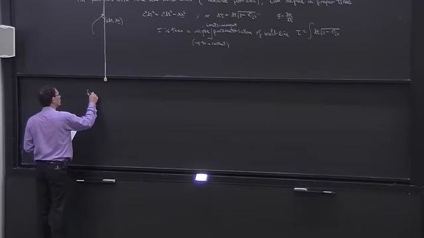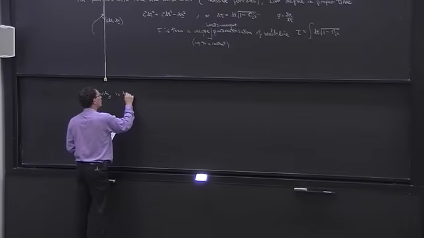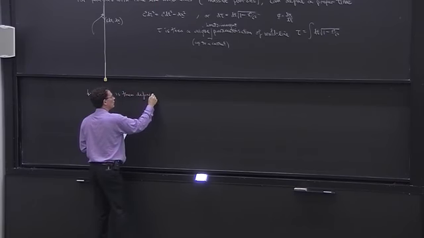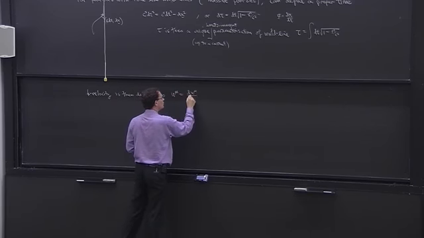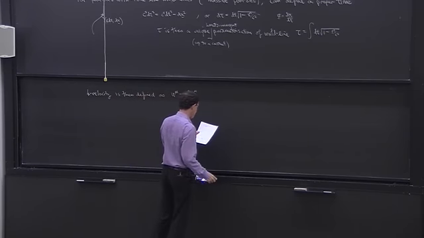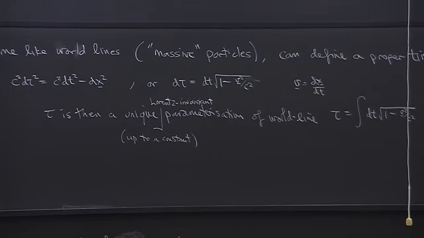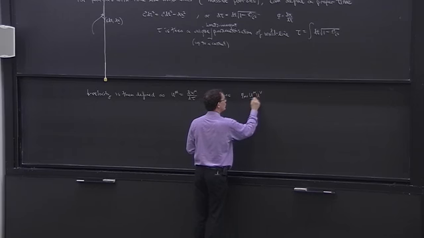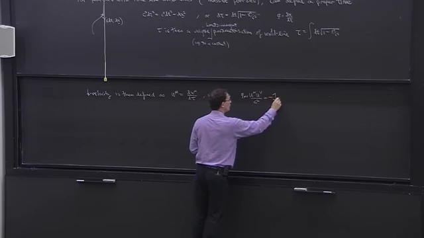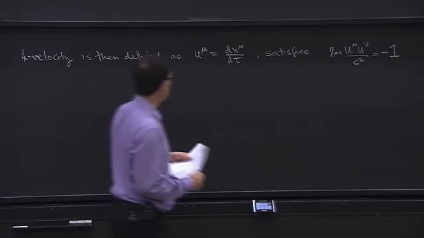So the 4-velocity is then defined as u^μ = dx^μ/dτ, and this satisfies η_μν u^μ u^ν/c² = -1, which follows just from that equation.